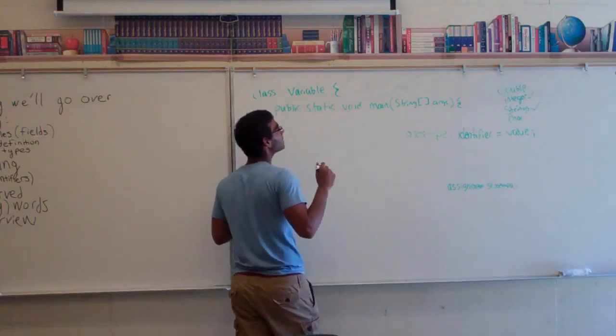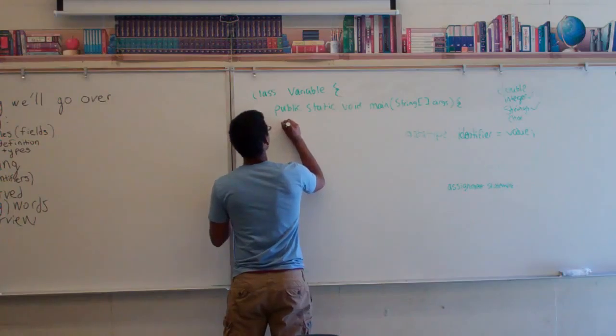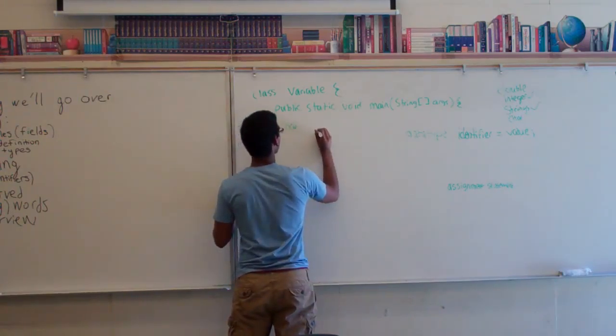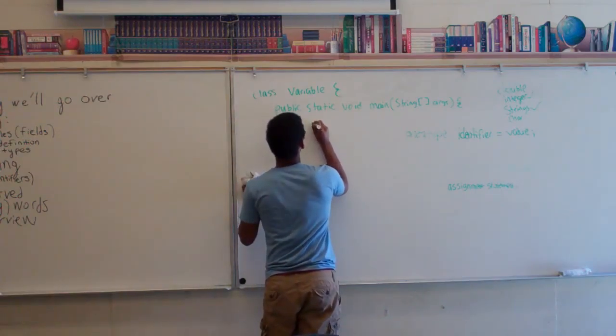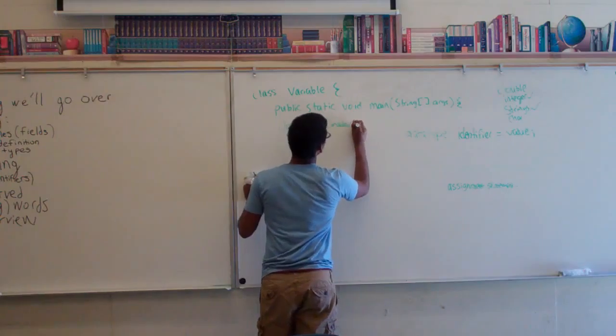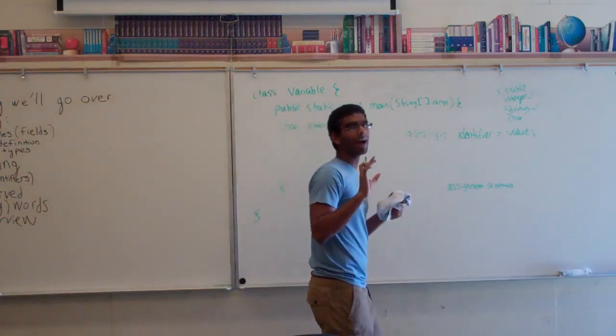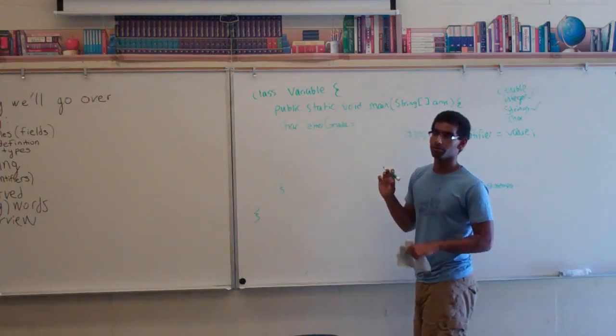So basically you can just think of a char as a one-letter string. So if I want to define a char, do char and then letterGrade. And then you put one value for the character, and you surround it in single quotes as opposed to double quotes.